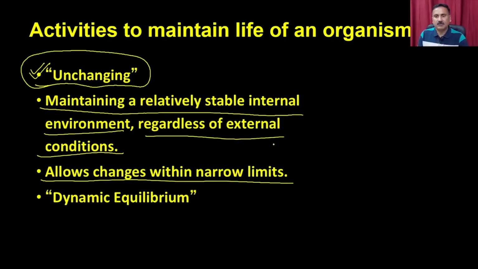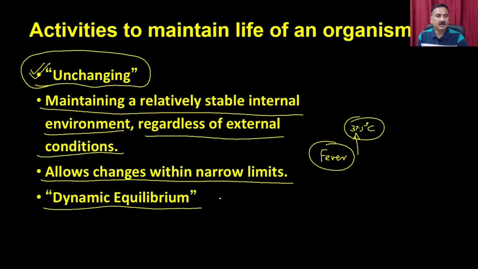For example, you can have a fever, and the temperature will go up from 37 to 37.5 or something like that. That is allowed, and all these processes are under dynamic equilibrium. Because you don't want changes in the body, it has different types of physiological processes to control these processes.